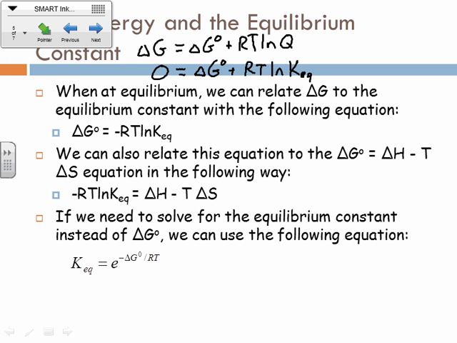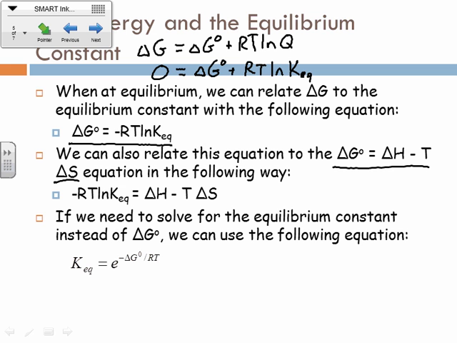And we end up with this equation down here, which can sometimes come in handy. I believe this is the equation that you get on your equation sheet, and you also get this equation. It doesn't take a lot to figure out how to rearrange those, and you might need that every once in a while. You would need that if they don't give you any delta G information in the problem, but they have given you delta H and delta S information, and they ask you to relate that to the equilibrium constant.